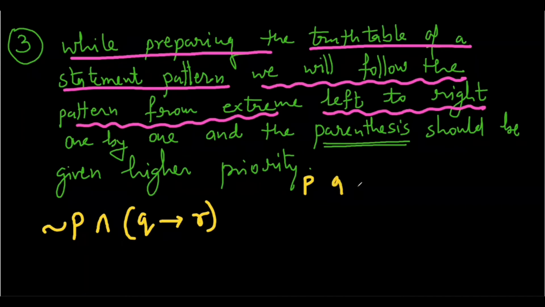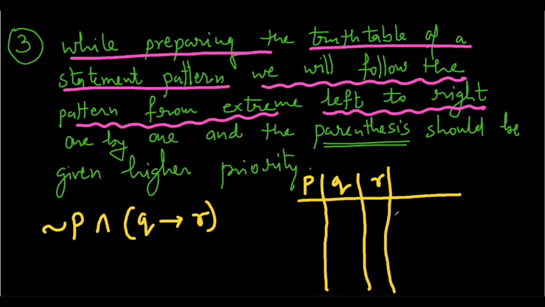They are always fixed. Then I said that I'll be following the statement pattern from extreme left to right. So see, this is my left, and this here is right. So I will follow it in this direction.